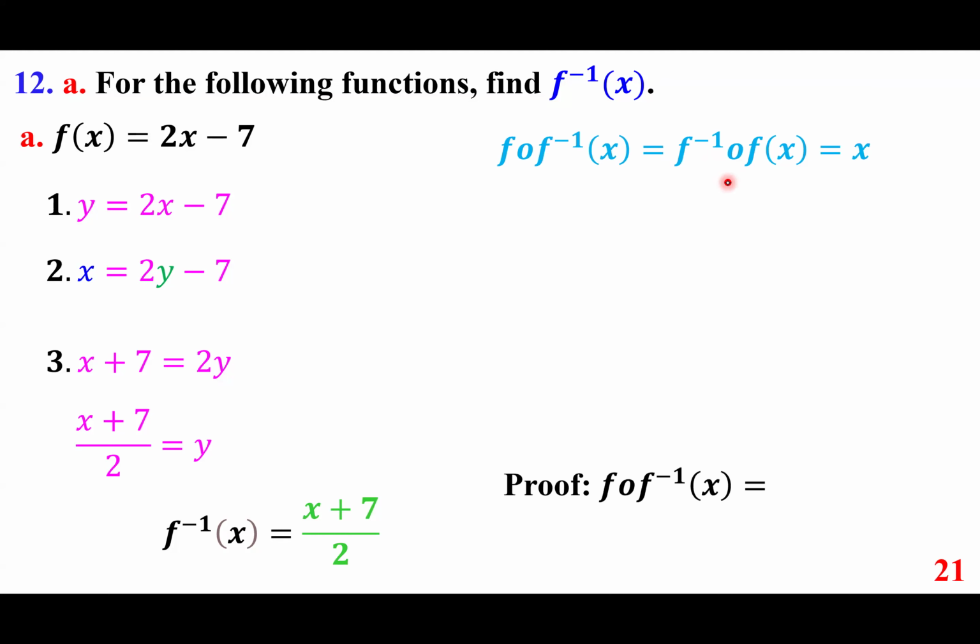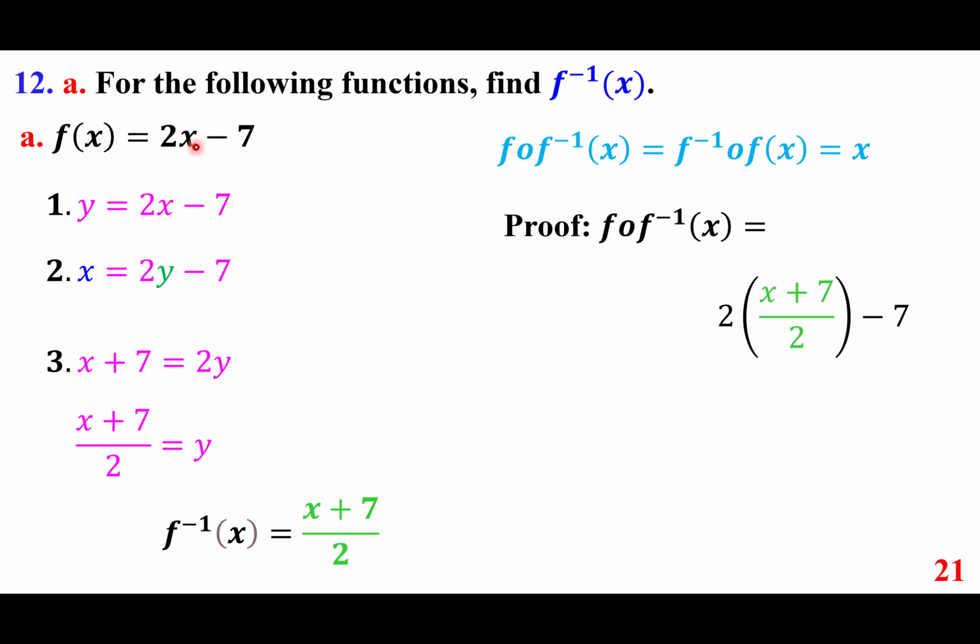So let's look at f of f inverse of x, which means replace the x with f inverse, which is x plus 7 over 2. These two cancel each other. X plus 7 minus 7. These two cancel each other, equals x. And that's a proof.